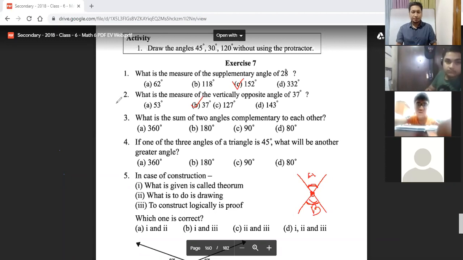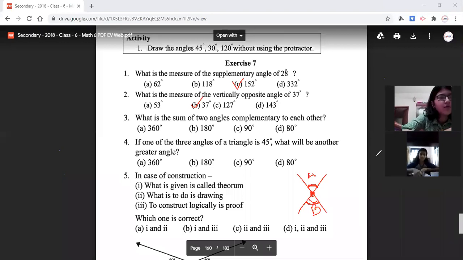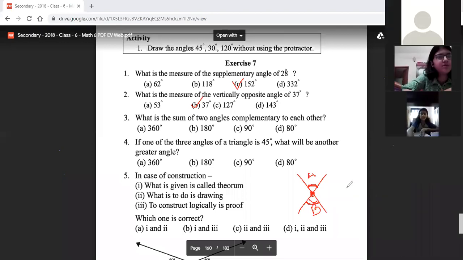Now, number 3. What is the sum of 2 angles complementary to each other? Who will tell me the answer? 90 degrees, obviously. Can you tell me the definition of complementary angle, Mumtaha?